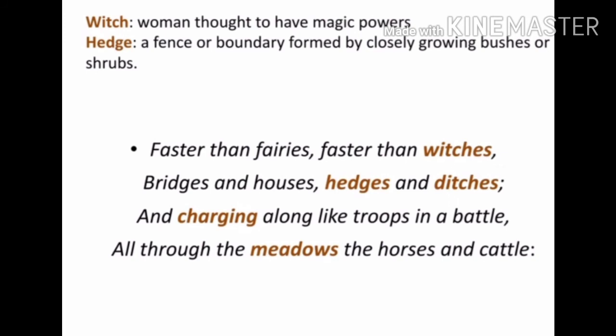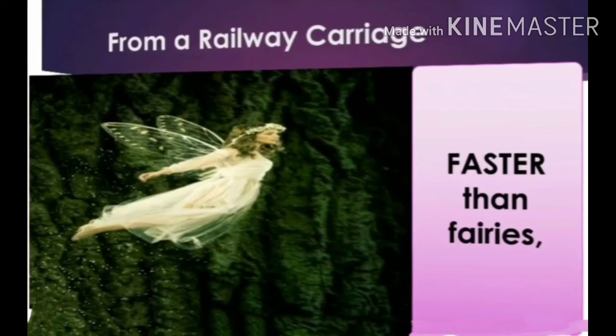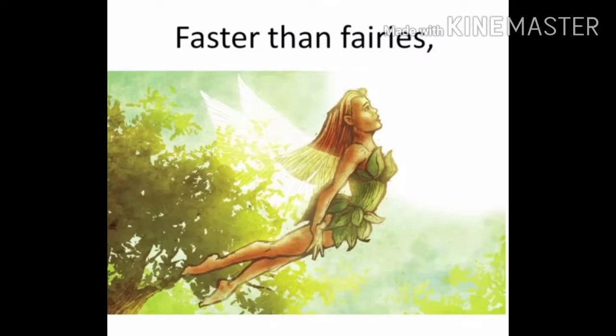Yes, the train runs very, very fast. Faster than fairies and faster than witches. The poet describes the sights that he notices while traveling in the train. The train is moving faster than fairies and witches. Fairies and witches are magical creatures.